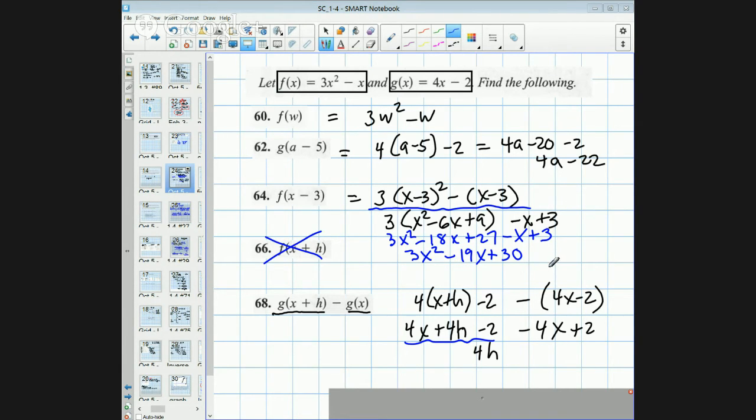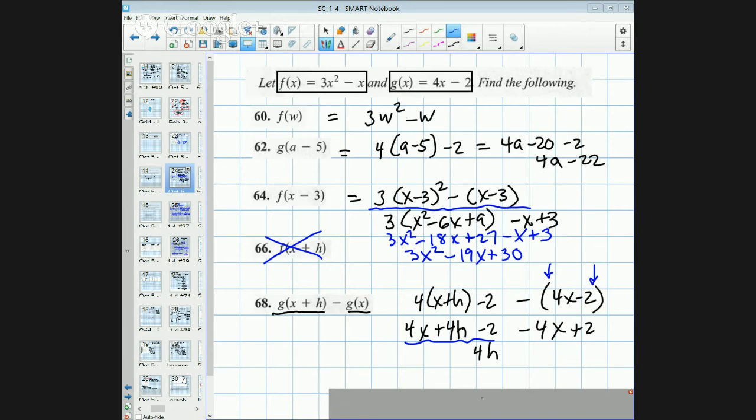By the way, incredibly important, these parentheses, common student mistake, leave those out. You will get it totally wrong because with the parentheses, this becomes negative 4x plus 2, right? If you leave the parentheses off, you'll have a minus down here, and your problem will be incorrect.